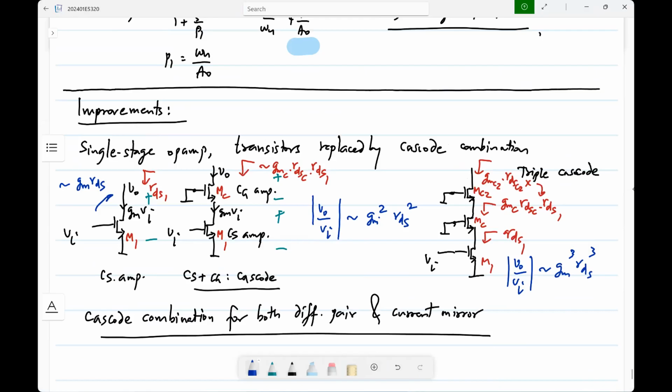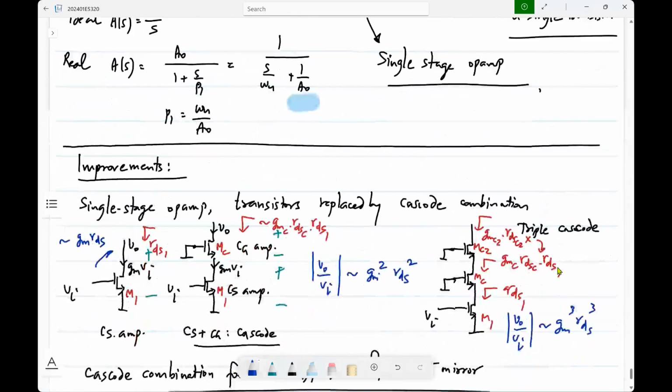You have not fundamentally changed anything. Instead of each transistor, you will use these combinations. Of course, they do bring in some complications. You have additional nodes, so that means you have additional parasitic poles. All these nodes will have parasitic capacitances, so you have many more poles, and you have to make sure that your stability margins are satisfied with all these extra poles.